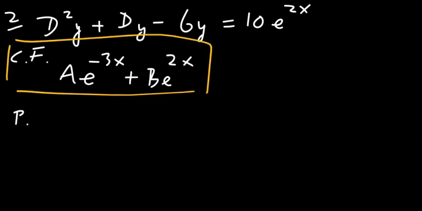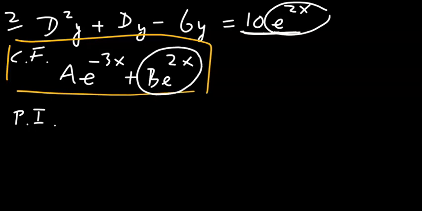Now let's look at the particular integral. Particular integral, as we have mentioned before, is dictated by the right-hand side function. In this case, it is e to the power 2x. However, e to the power 2x is also part of the complementary function. So in order to make an assumption for a particular integral, we do the following.